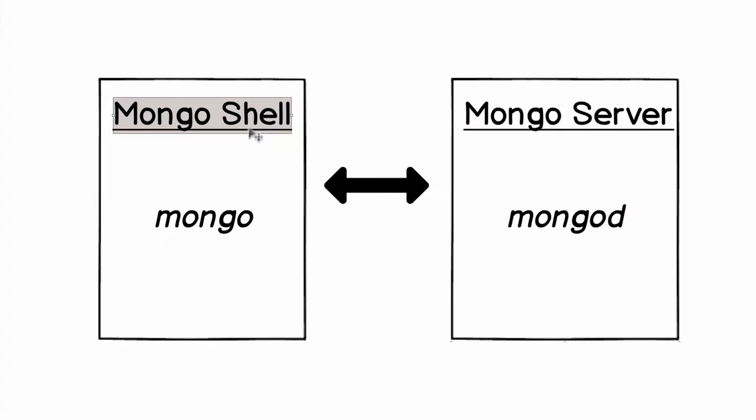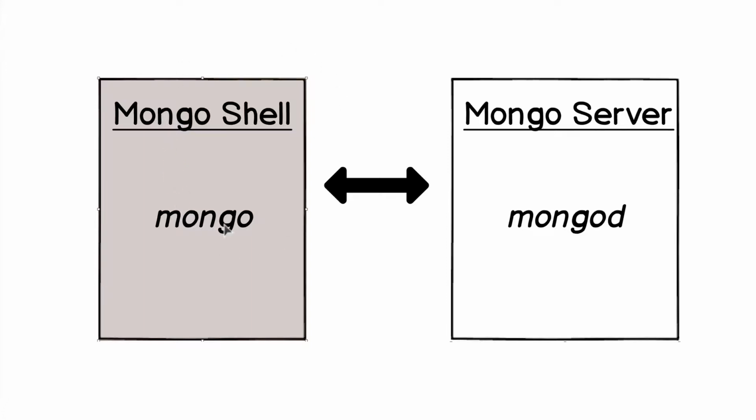And the Mongo shell is used for management of the Mongo server. Using the Mongo shell, you can insert documents into the Mongo server, you can update documents, you can delete documents, and so on. In other words, you can perform all kinds of CRUD operations: create, read, update, and delete.